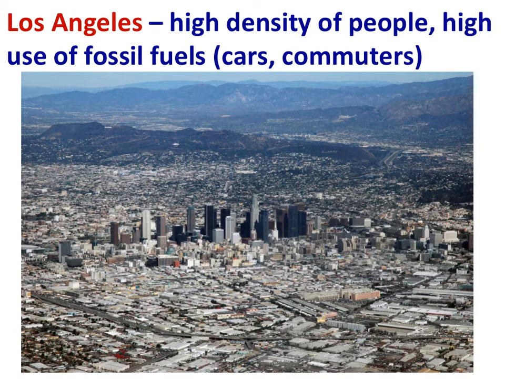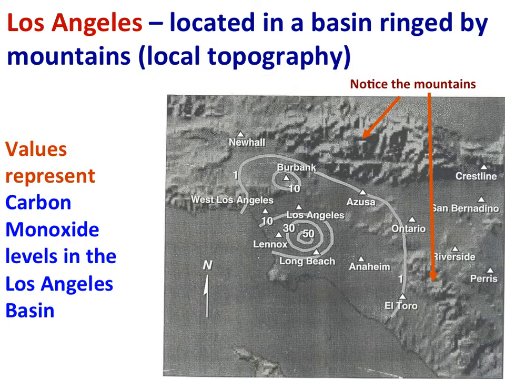High density of people, high use of fossil fuels because of cars and commuting. The city is ringed by mountains, and Los Angeles sits in a desert biome, thus high sunshine, photochemical smog. Smog formation occurs more readily when cities are located in a basin or a valley surrounded by mountains. The mountains hold the air, preventing the air from moving away.